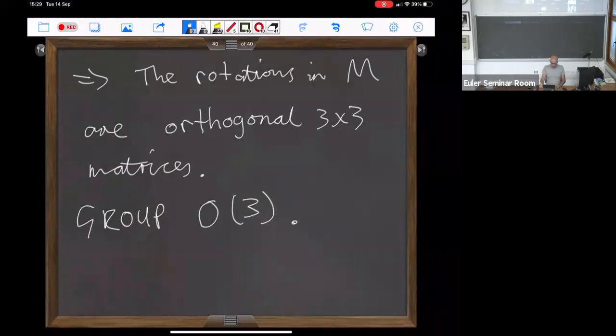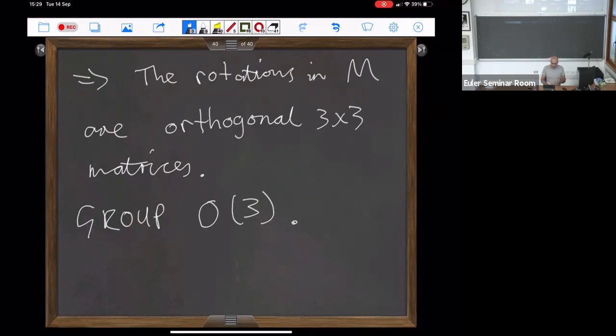So we're going to stop there in terms of the lecture, but are there any questions? Okay, so tomorrow we'll go on to discuss the rotations, but then the rotations, since they preserve the time coordinate, are also a symmetry group of Galilean relativity.